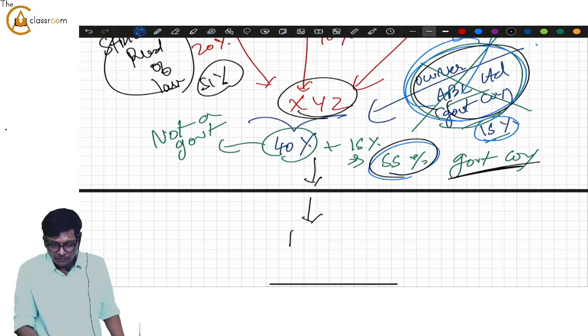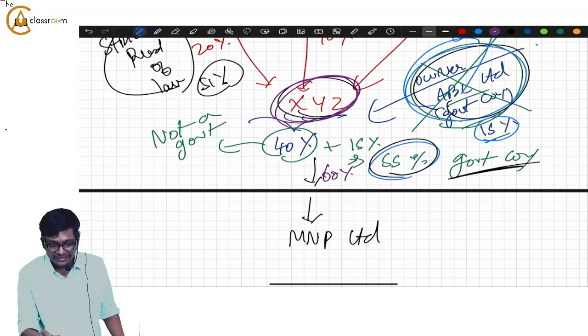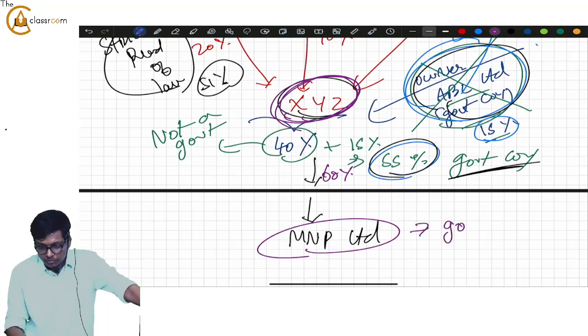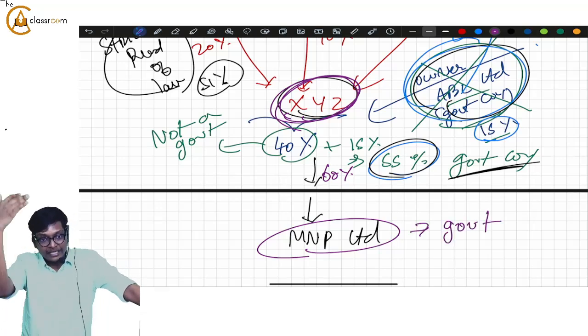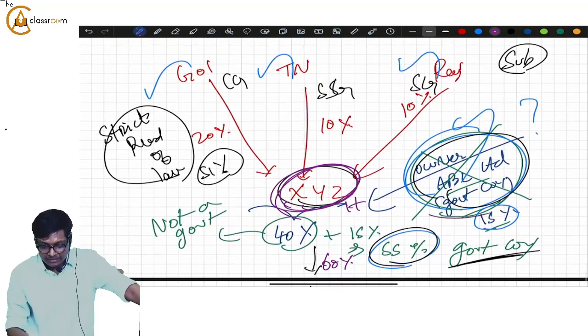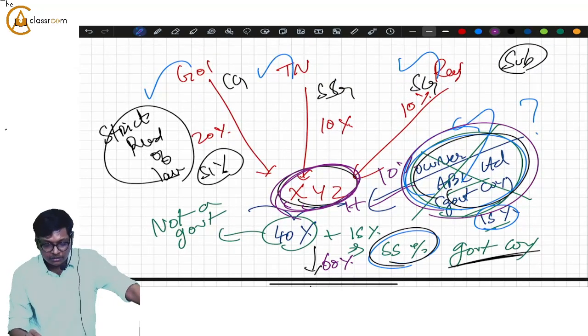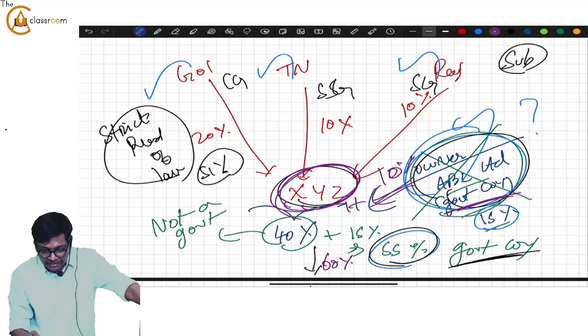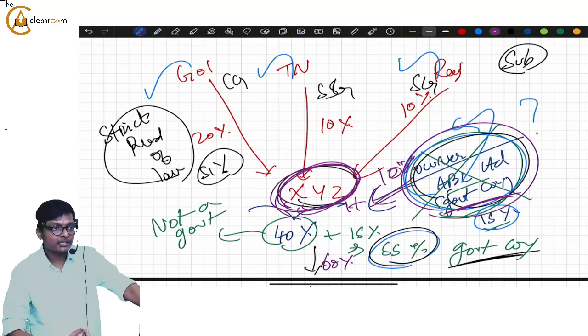Let's say MNP Limited, in which XYZ has 60%. If XYZ is a government company, this becomes a government company because my holding company is a government company. Here, this is having only 10%. So this government company may exist. We should not count the shares which a government company holds.